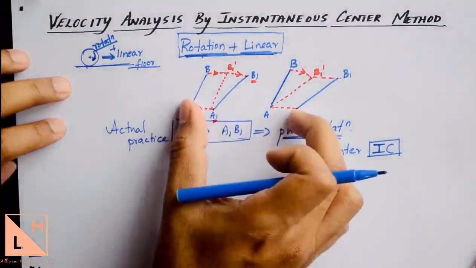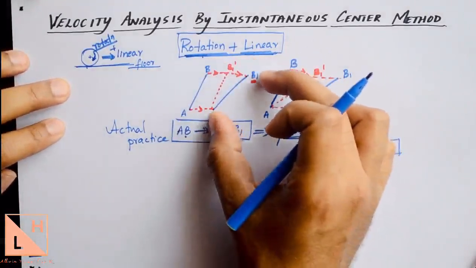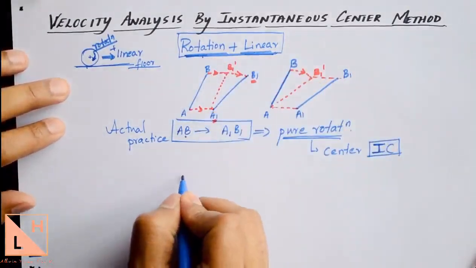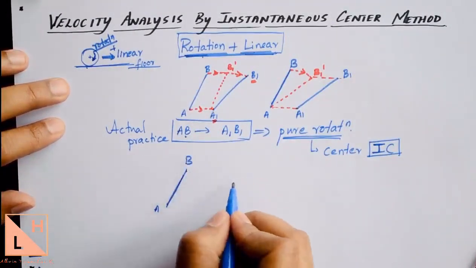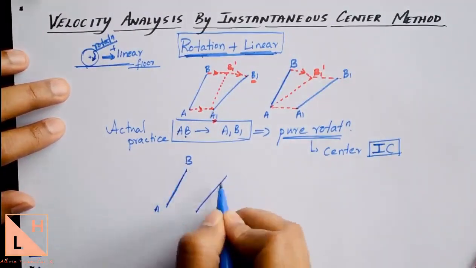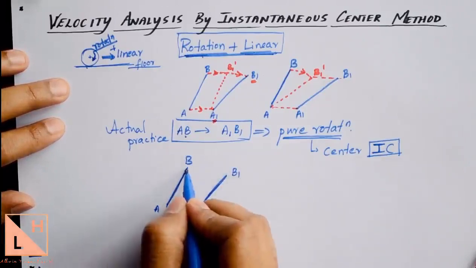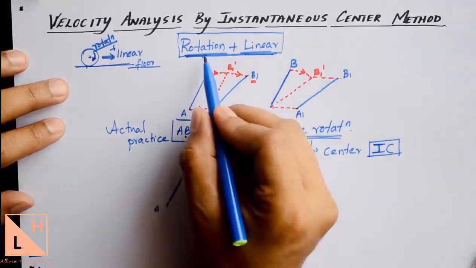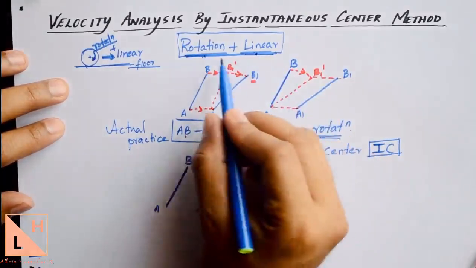Now we'll understand this instantaneous center in a better way. We'll consider the same example, the movement of link AB from the initial position to a new position A1 B1. This movement of the link, as I already mentioned, is a combination of rotation and linear motion, but it is so gradual that you can't split it up.